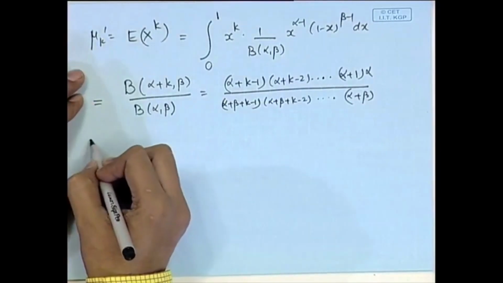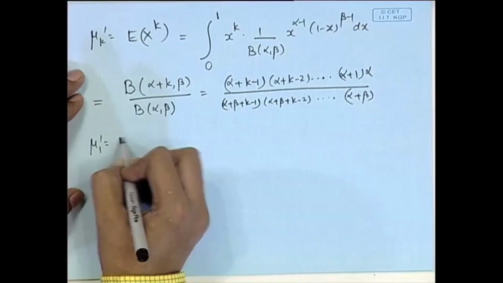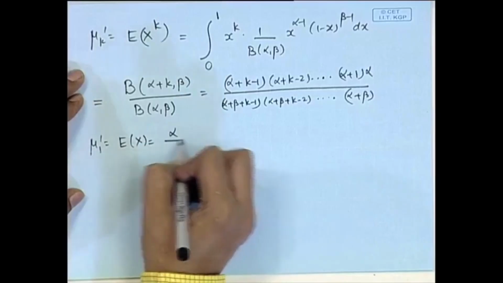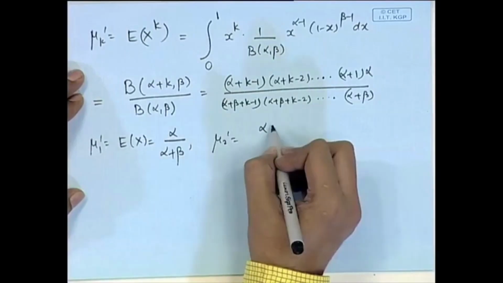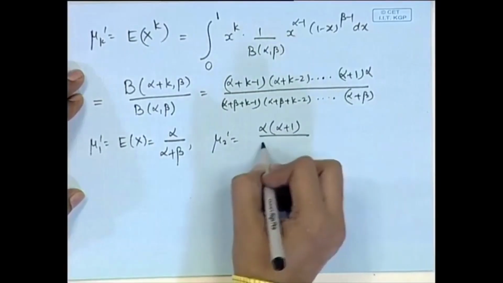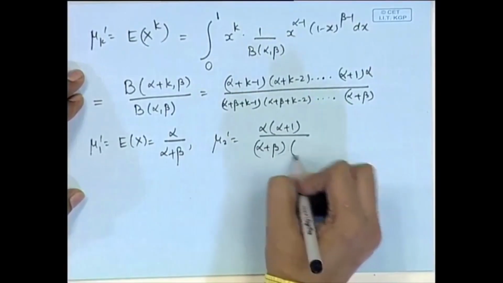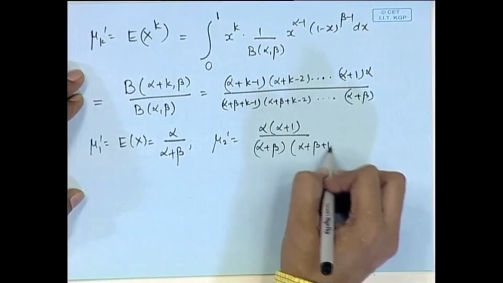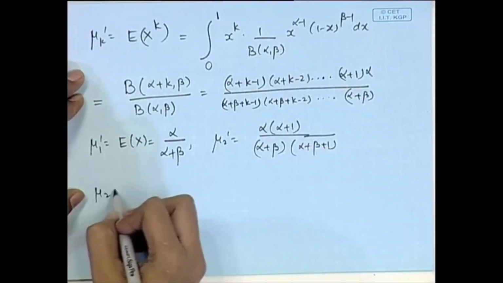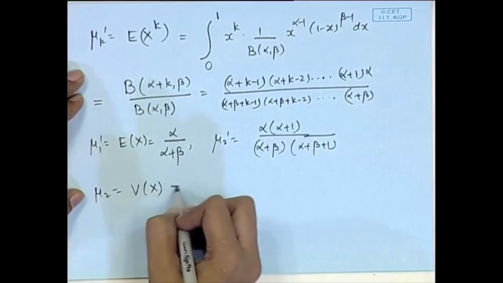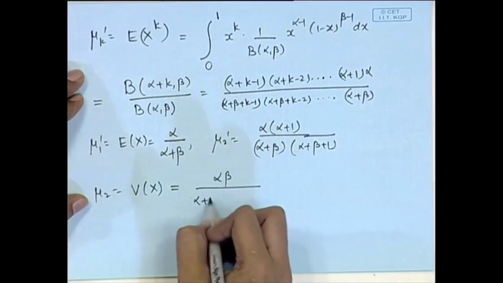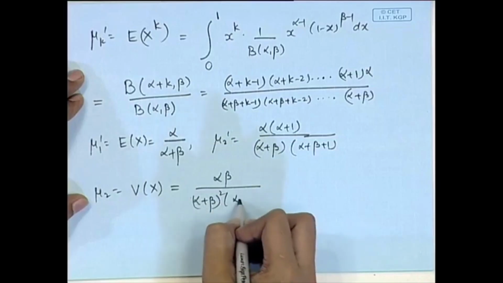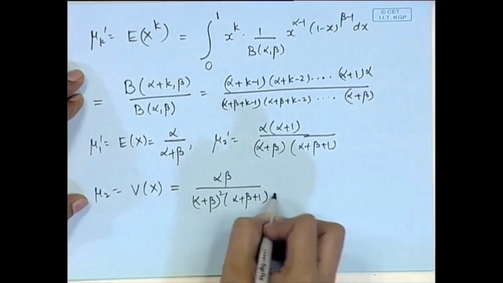So, if we calculate the mean of this distribution, it is simply alpha by alpha plus beta. The second moment will be equal to alpha times alpha plus 1 divided by alpha plus beta times alpha plus beta plus 1, and therefore the variance of the beta distribution will be equal to alpha beta divided by (alpha plus beta) square times (alpha plus beta plus 1).